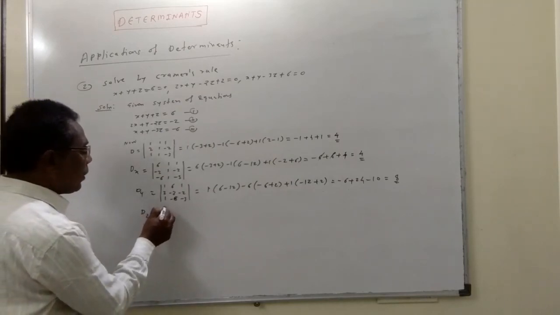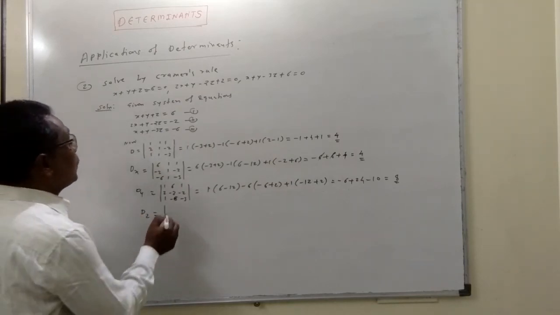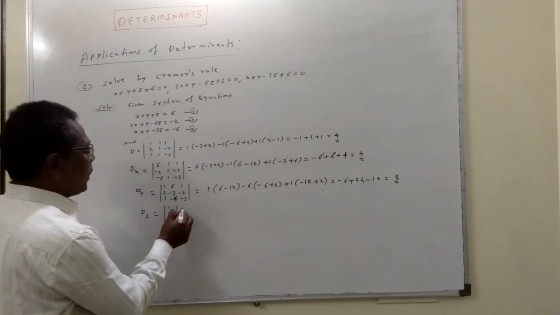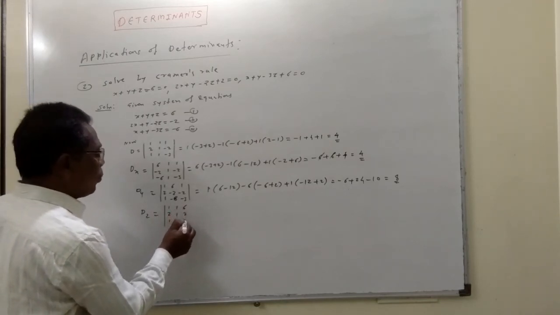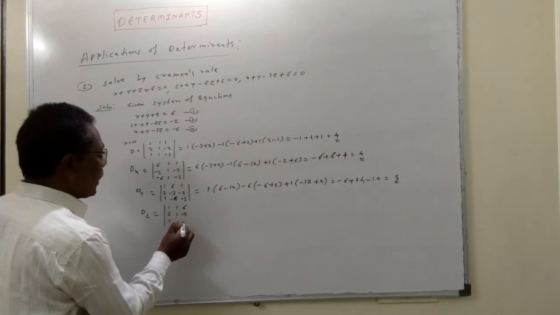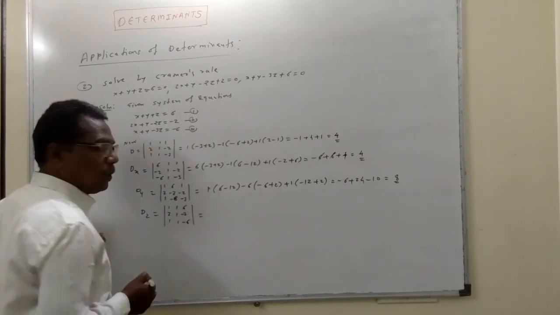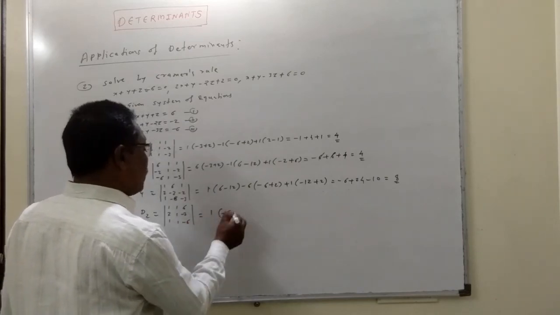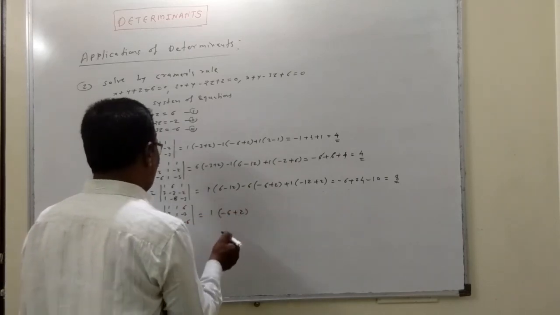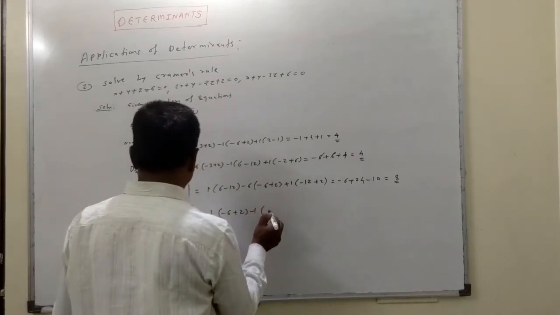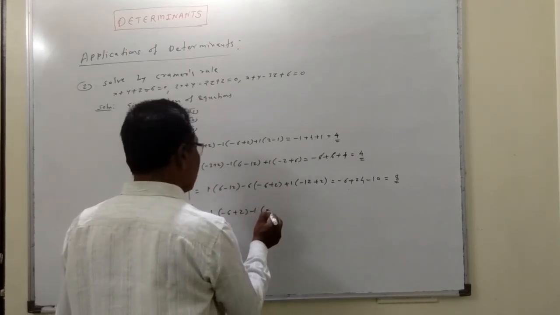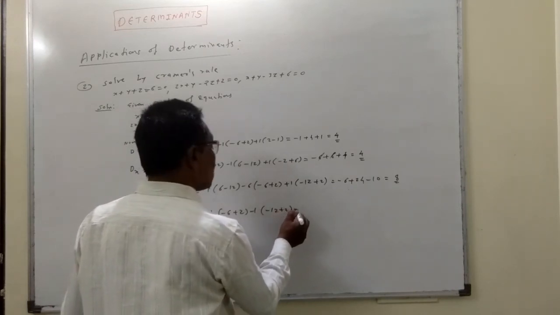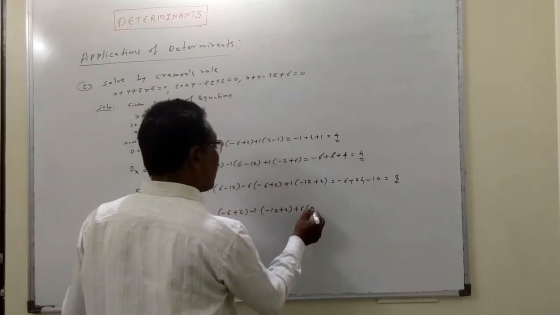Dz is equal to the determinant. Now the third column is replaced in D, so 1 2 1, 1 1 1, and the third is replaced by the constants 6, minus 2, minus 6. So that is equal to 1 into minus 6 minus minus plus 2, minus 1 into 2 into minus 6 minus 12 minus minus plus 2, plus 6 into 2 minus 1.